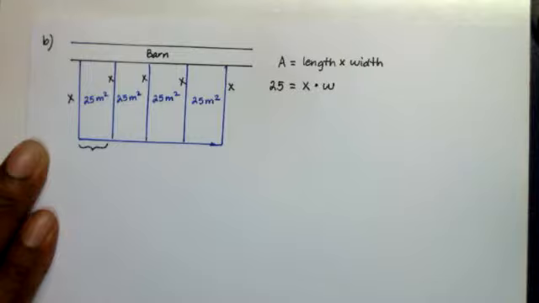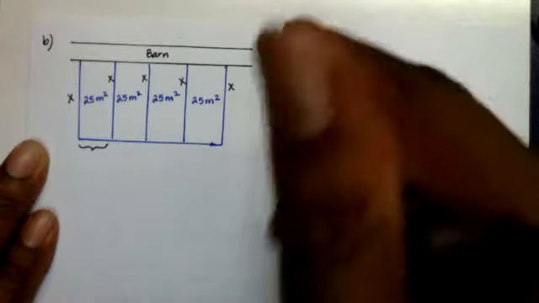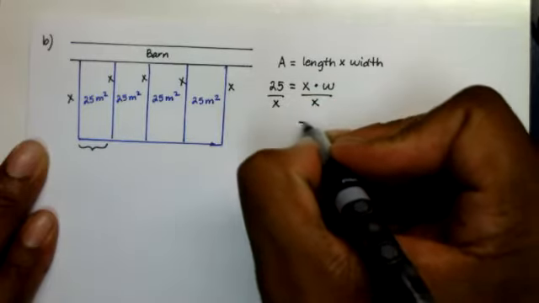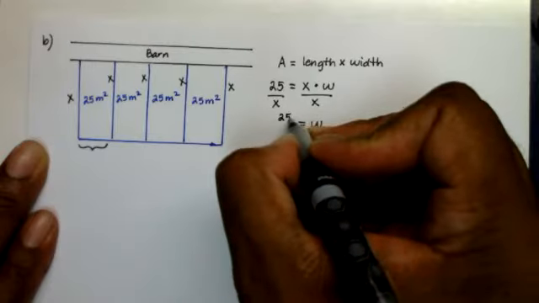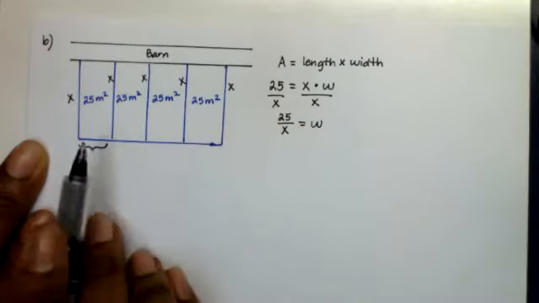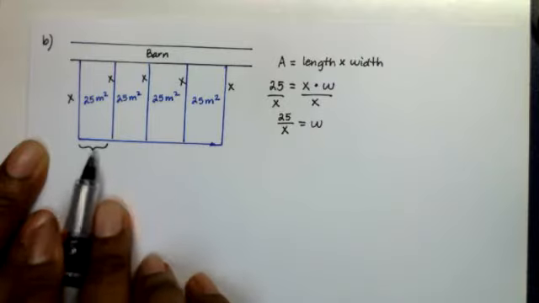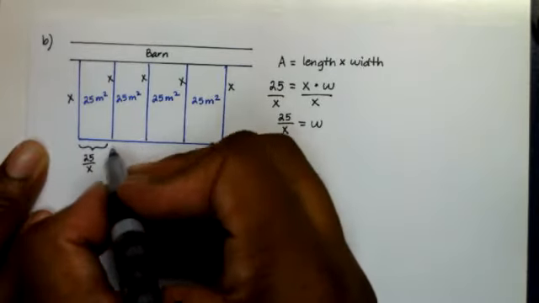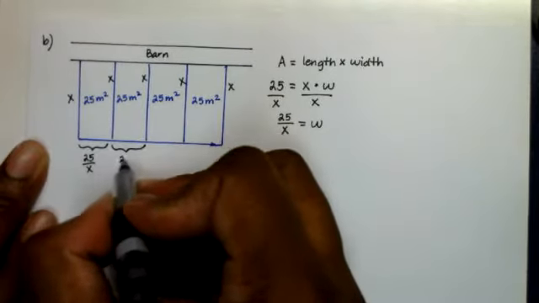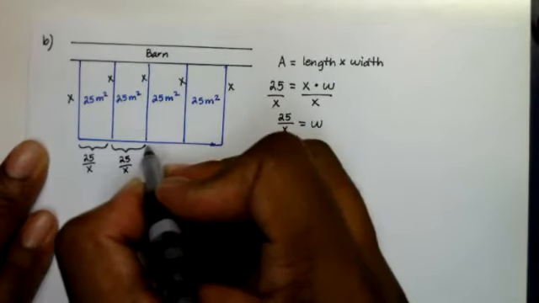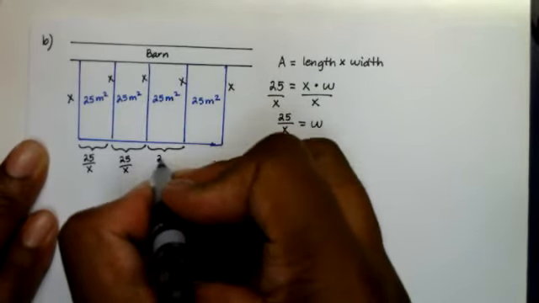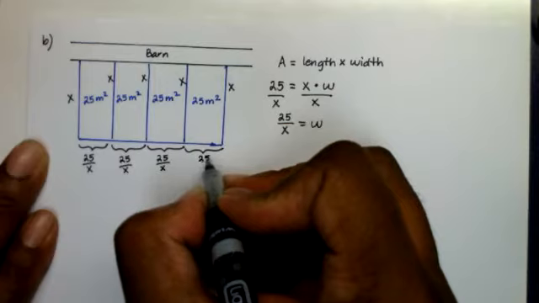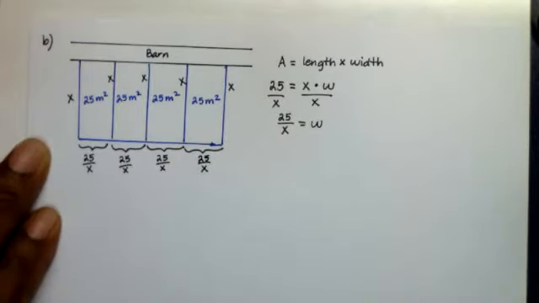I'm going to let that be W. And here I'm going to solve for W by dividing both sides by X. So your width would be 25 over X. That means each one of these lengths that I have marked off would be 25 over X. This length here, 25 over X. This length here, also 25 over X. And the same thing here, 25 over X.